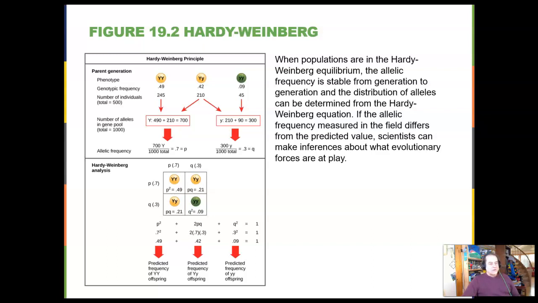Either the population is too small, natural selection is having an effect, sexual selection is having an effect, or gene flow, the movement of individuals in or out of the population, is at work. What Hardy-Weinberg tells you is that it doesn't tell you which of those assumptions is being violated, but one of them is.